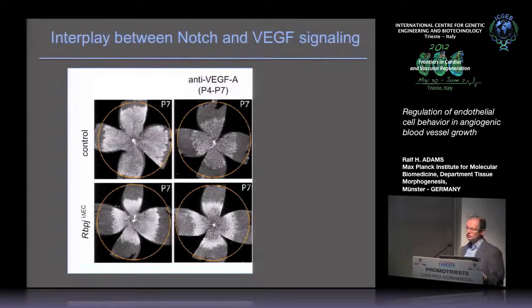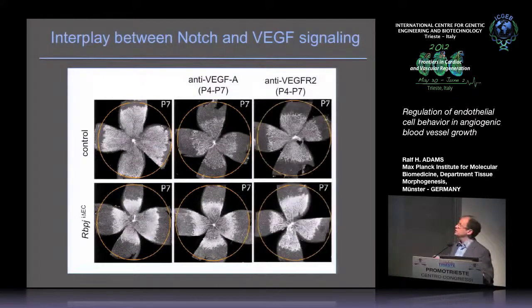In control mice, you can see that you can effectively reduce angiogenic growth with this anti-VEGF-A blocking antibody. So the density and the sprouting is strongly reduced. However, in the RBPJ mutants, there was barely any effect. We did the same with anti-VEGF receptor 2 blocking antibodies that you can see here. And again, there's a clear effect in the control retina, but not in these Notch pathway mutants, which is consistent with the genetic experiment I showed you previously.